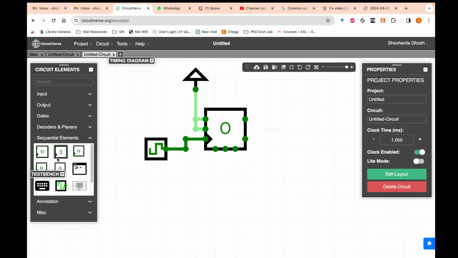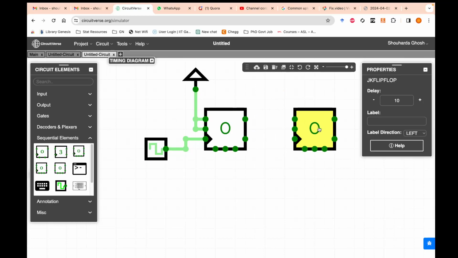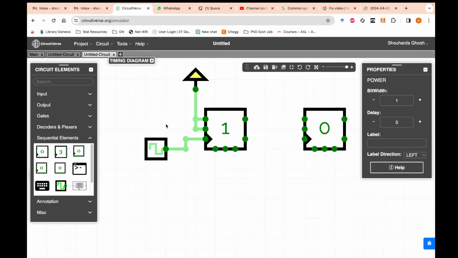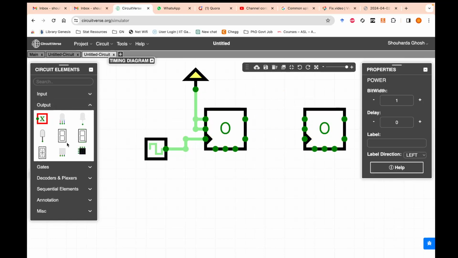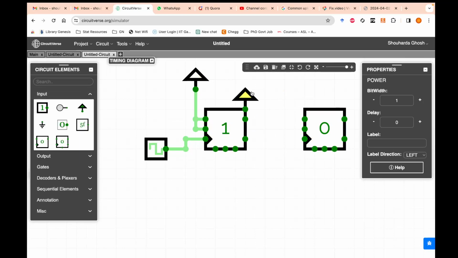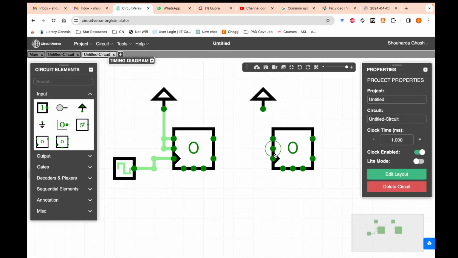Now we shall be using this principle to create a higher bit counter. So I keep this high, and then I take the output of Q bar and use this to drive the second flip-flop's clock. Now what is this system?